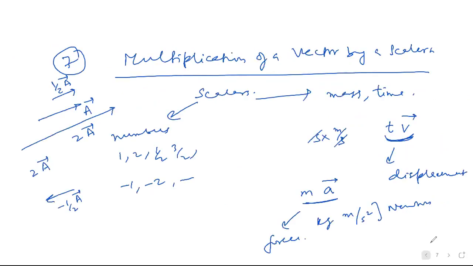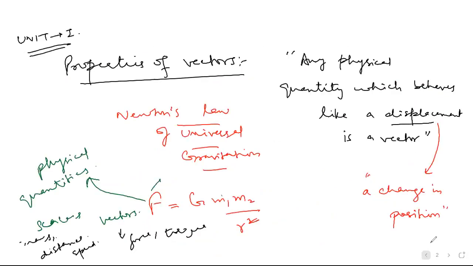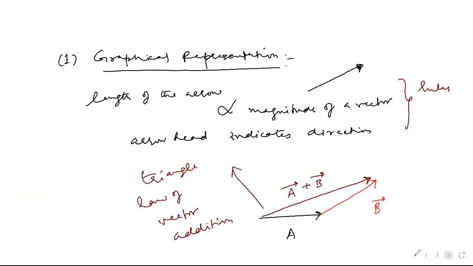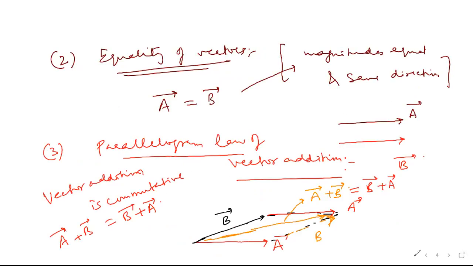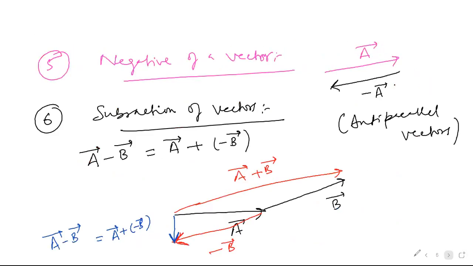So let me check whether we have done it or not. So we know now what a vector is. We know how we represent a vector graphically. What is the parallelogram law of vector addition? What is the triangle law of vector addition? What is equality? Vector addition is commutative, it is associative, and we know how to represent a vector.